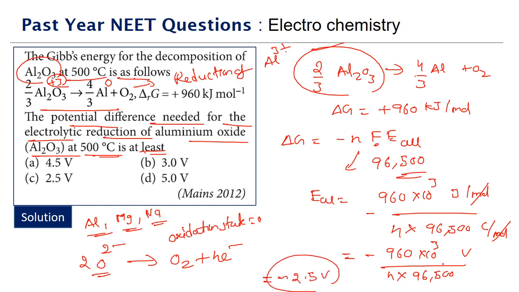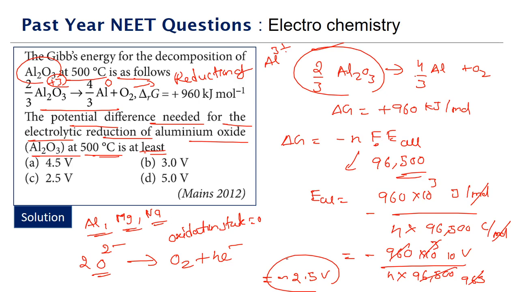If you simplify the calculation, this will be approximately minus 2.5 volt. If you do the cancellation, 960 by 965 we can almost cancel off, so 10 by 4 means nearly 2.5, with the minus in front.